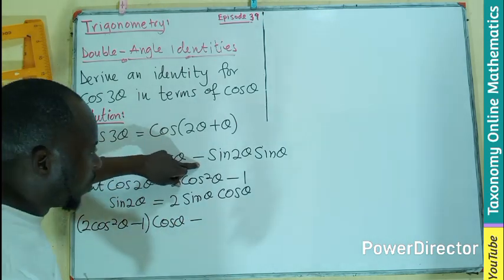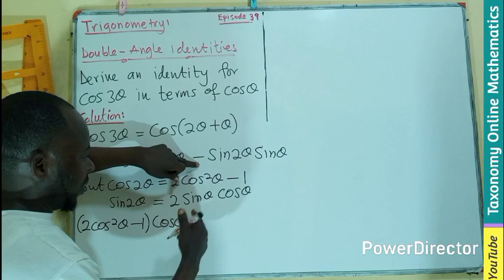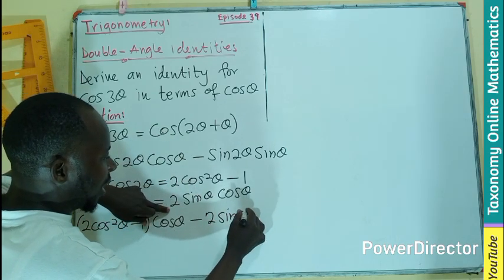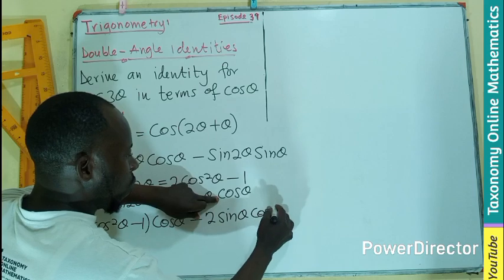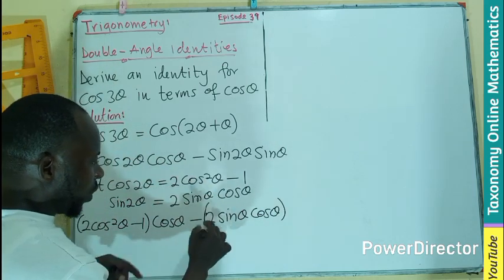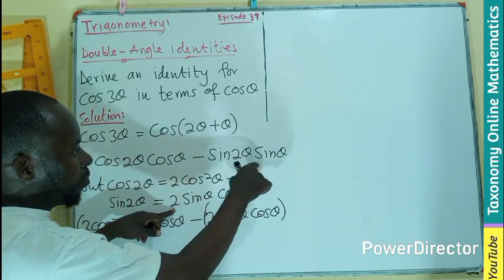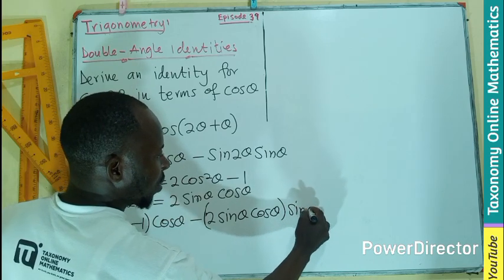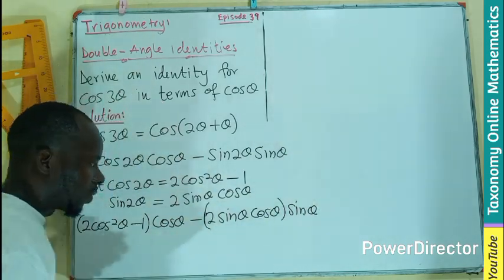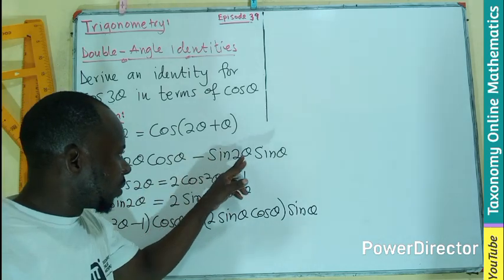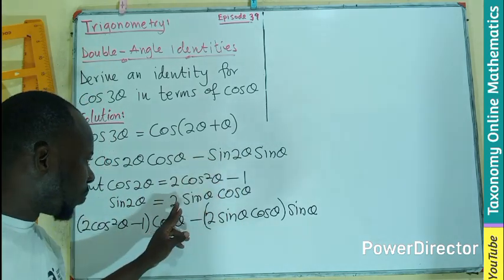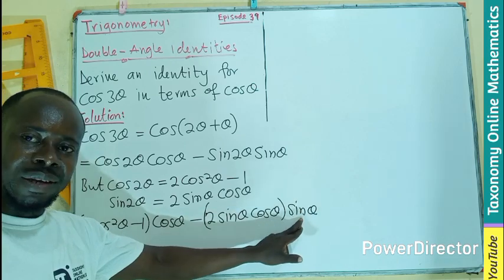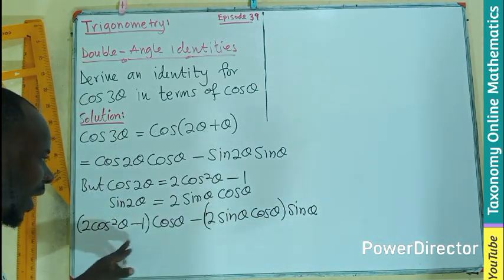Minus, we are replacing sine 2 theta by 2 sine theta cos theta, which is being multiplied by the sine theta. The sine is already there, so it will be there to multiply. A bracket and a bracket.